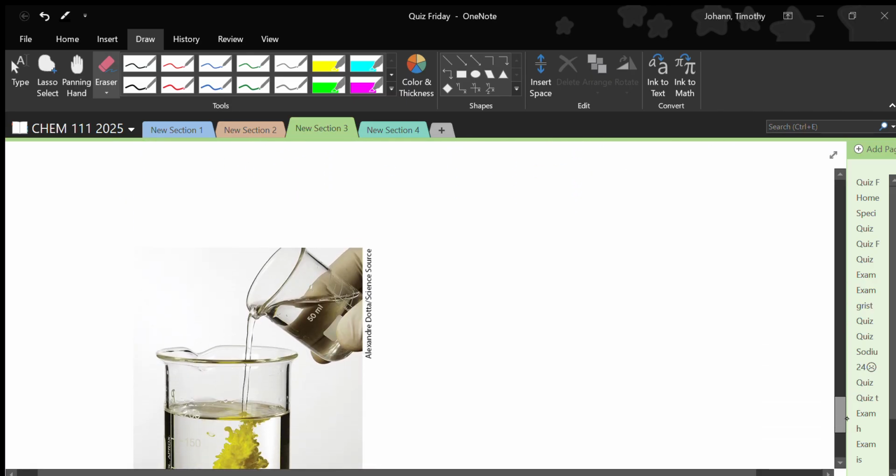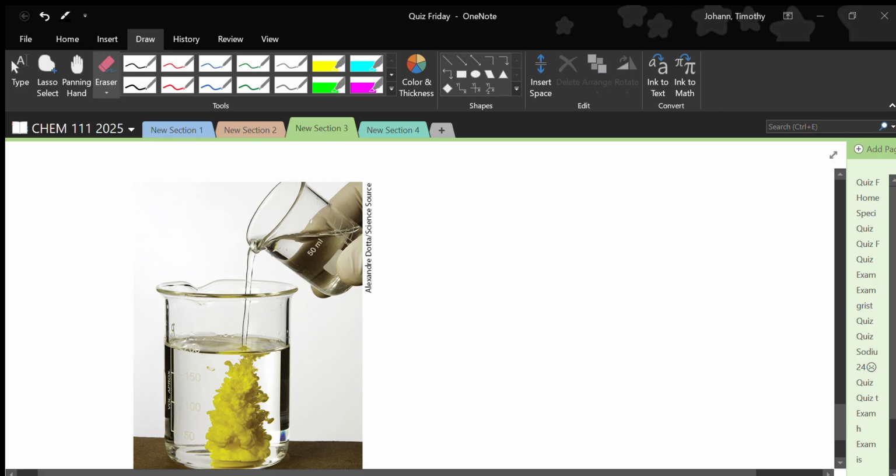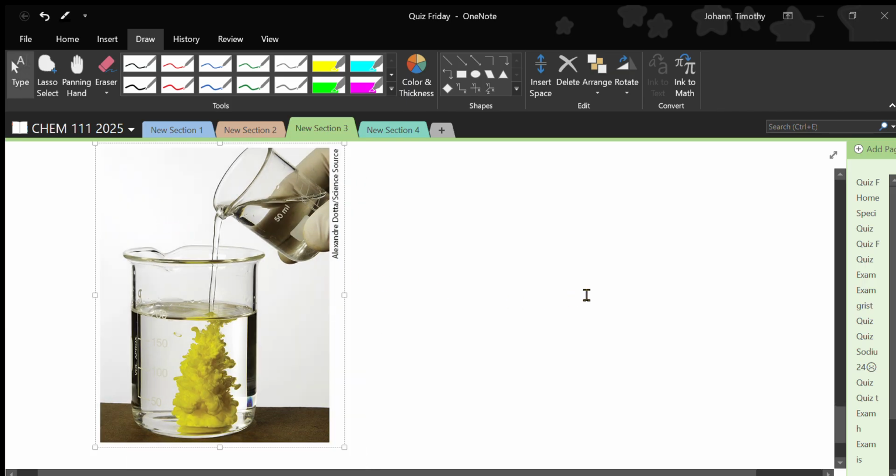All right. So here, this is actually a picture of that reaction, and it's super pretty. I used to do this as a demo. Turns out, lead, as you probably know, is pretty toxic, right? So this is going to be lead. I'm just going to rewrite it. And it's the iodide ions.